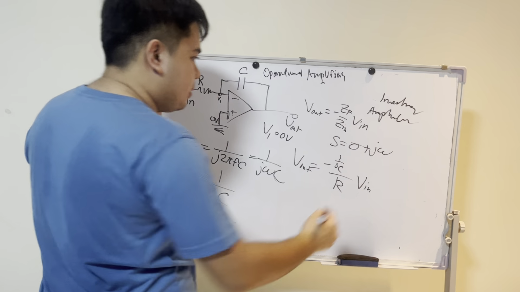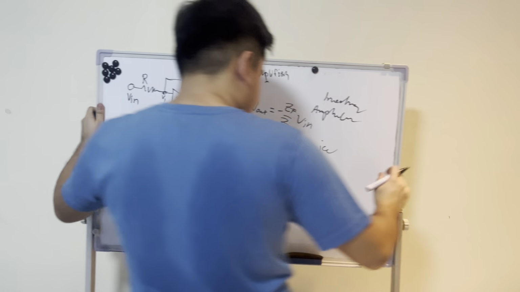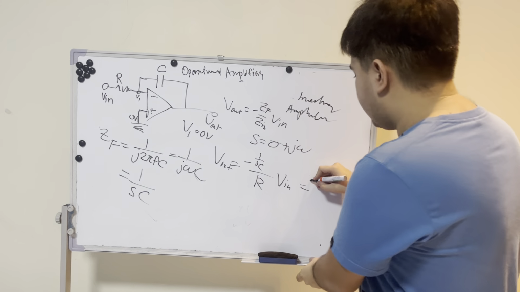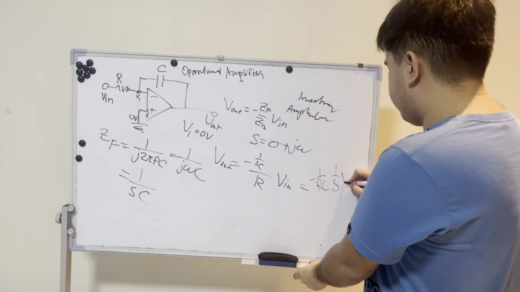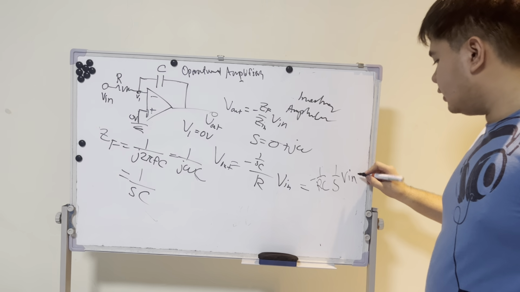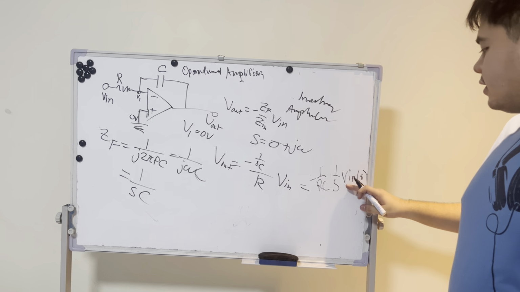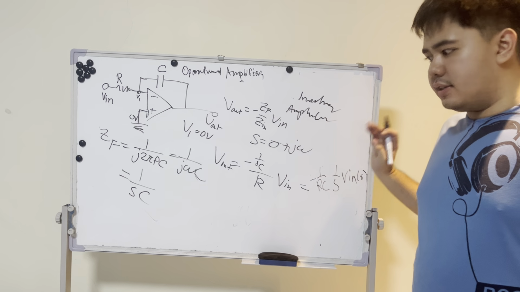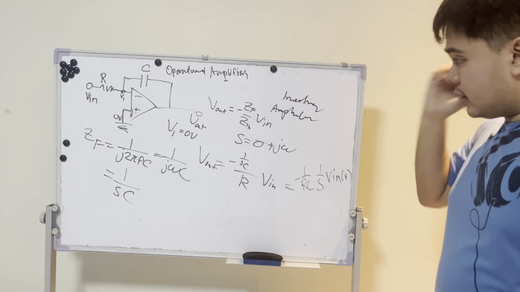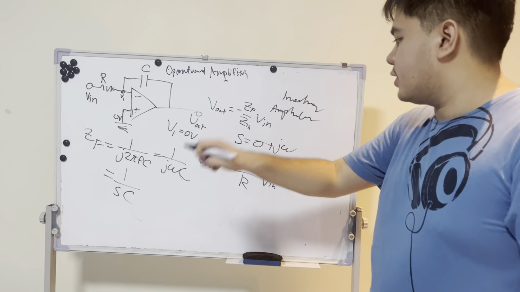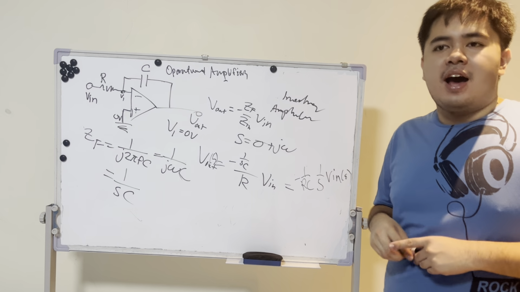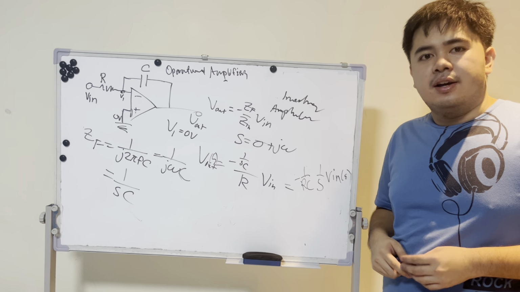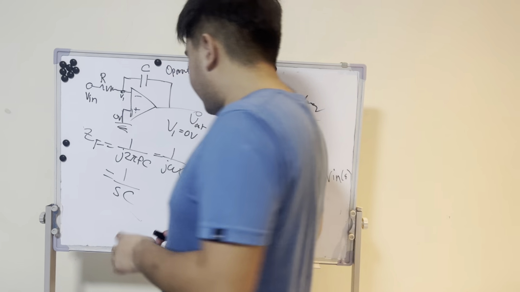Let's simplify it a bit, algebra. So this is going to be negative 1 over RC, 1 over S, Vin of S, because this is a function. This is also a function of S. 1 over S Vin of S. That sounds an awful lot like an integration.